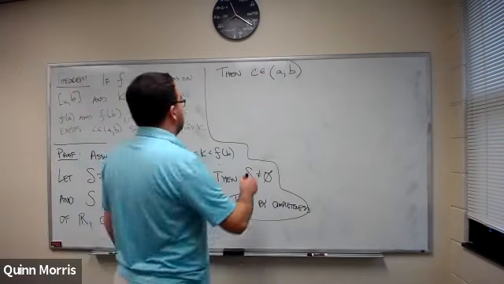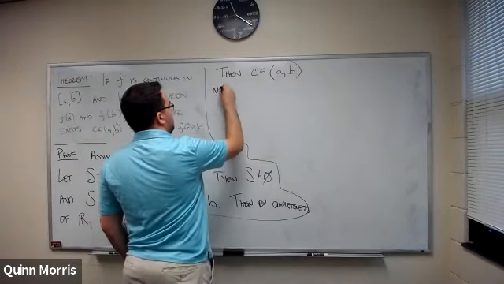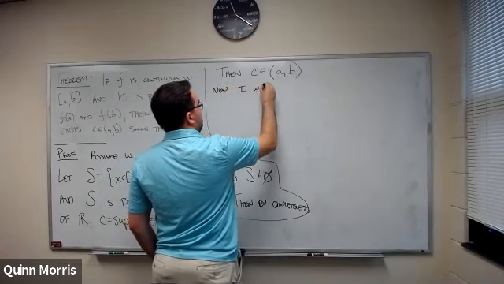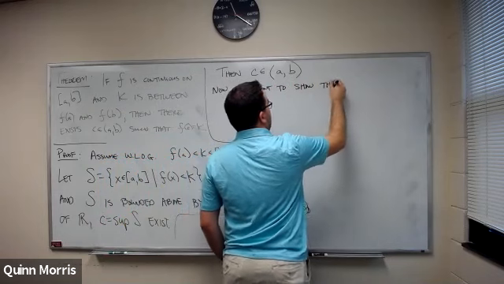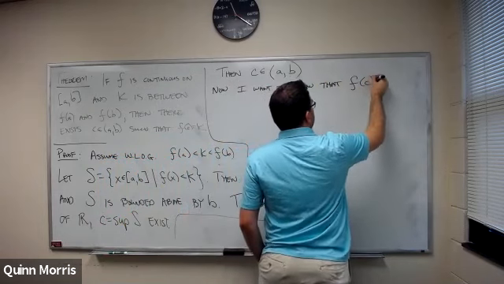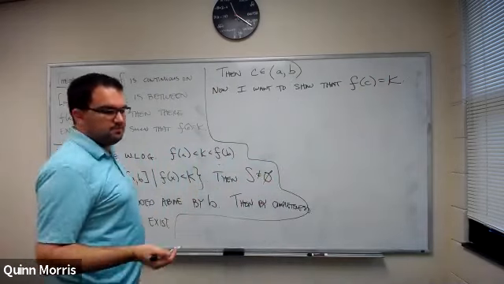Okay. Let's see. So then what do I want to do? So now I want to show that f of C is equal to K. And I'm going to do this piece by contradiction.